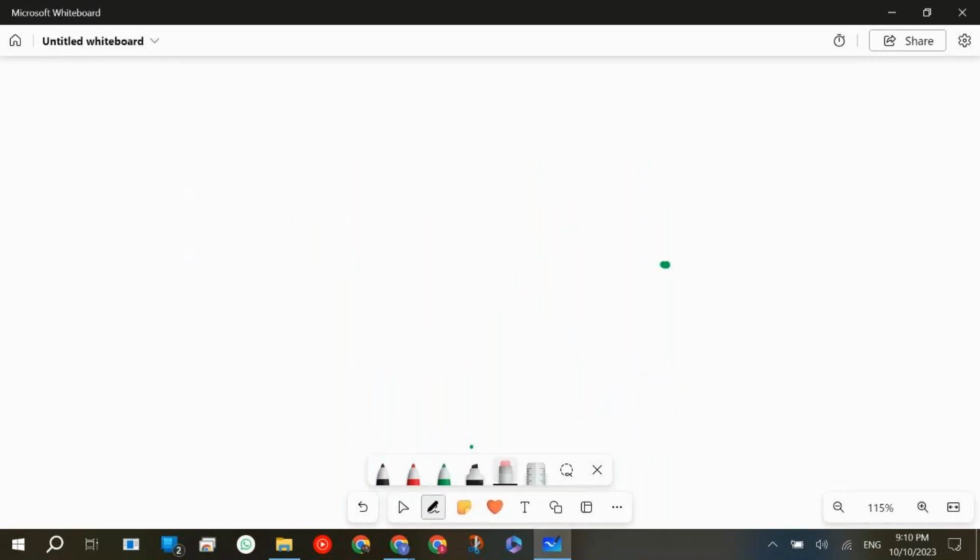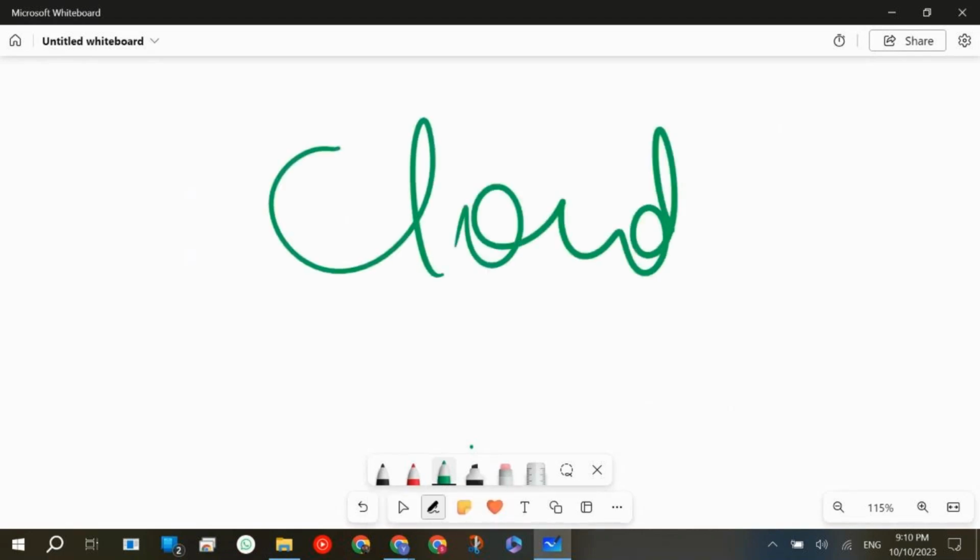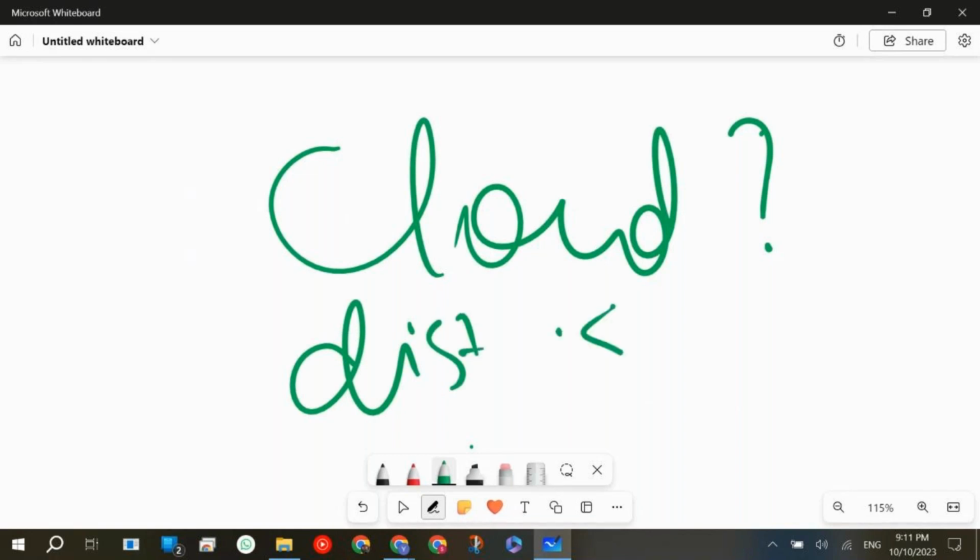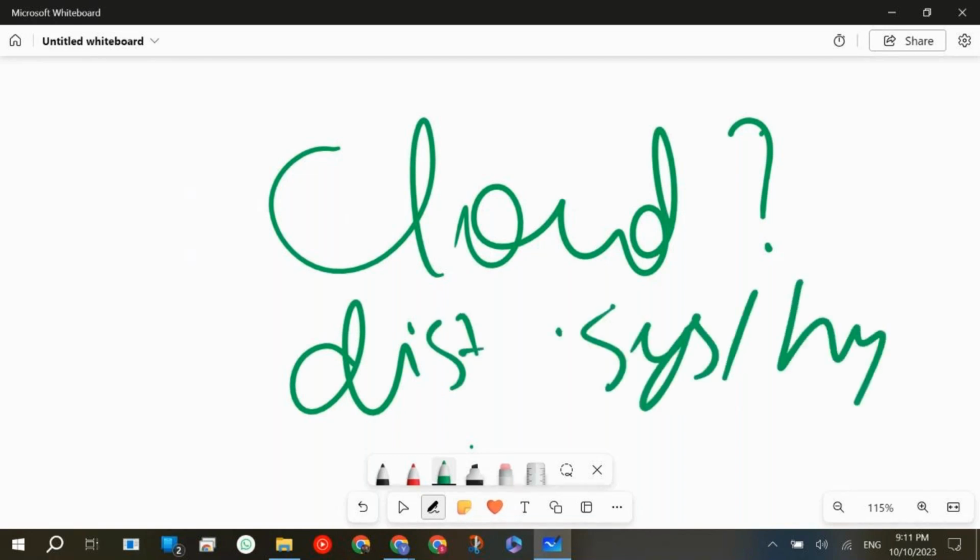Now, what is the reason for the growth of chaos engineering? That question will come to mind: why is it suddenly growing? There are multiple boost factors. Mainly cloud is one of them. Then we have the growth of distributed systems, hybrid systems, Kubernetes-based systems, all this complexity.